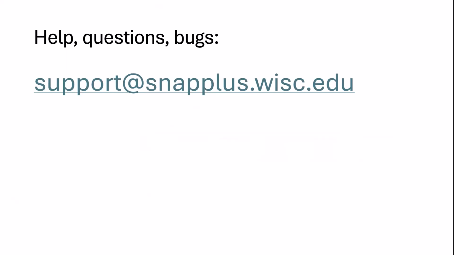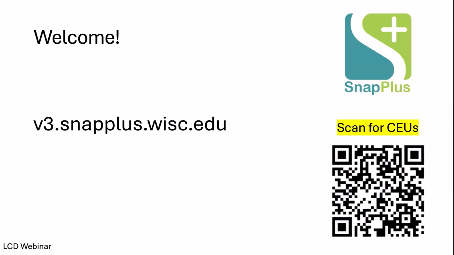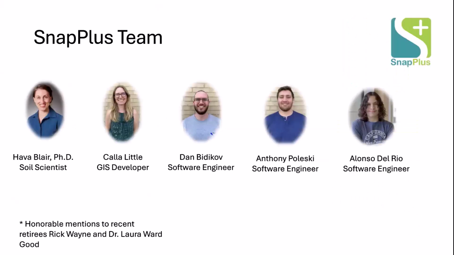So when you email the support email, that actually goes out to everybody on the SnapPlus team. So all the friendly faces that are at the beginning of the presentation here, all of those folks get an email when you send it to the support email address, and one of us will do our very best to get back to you as quickly as we can and help you resolve that issue.